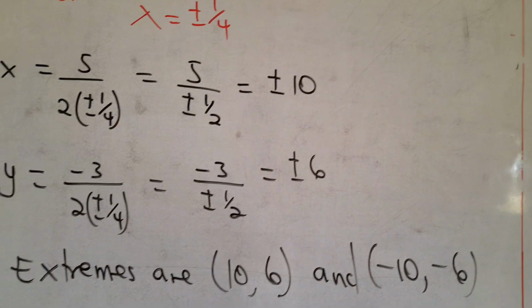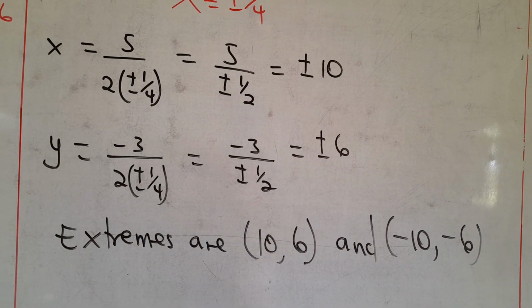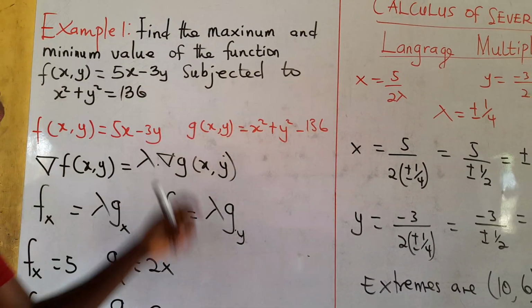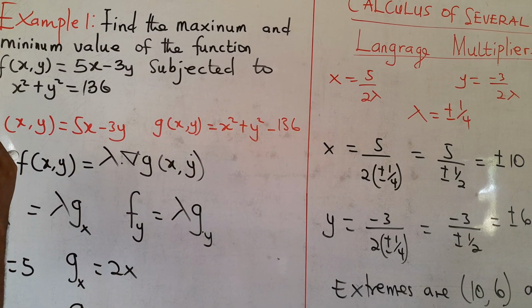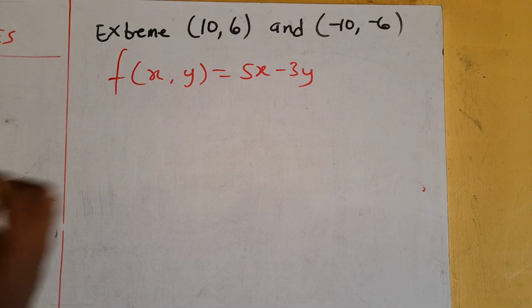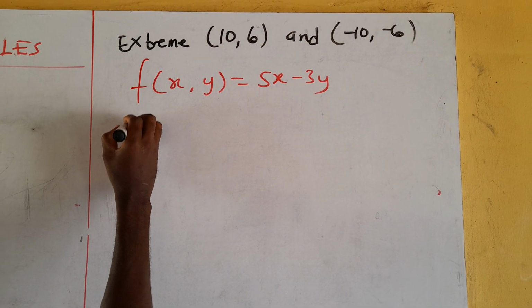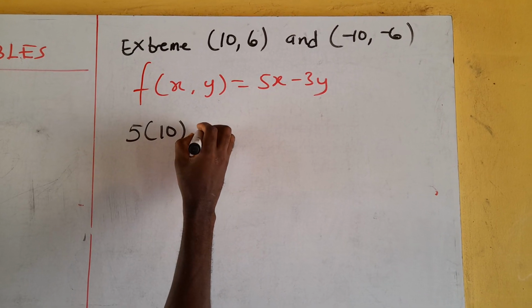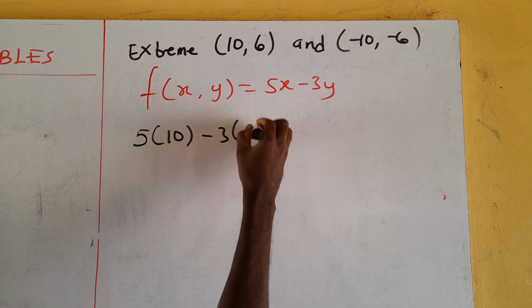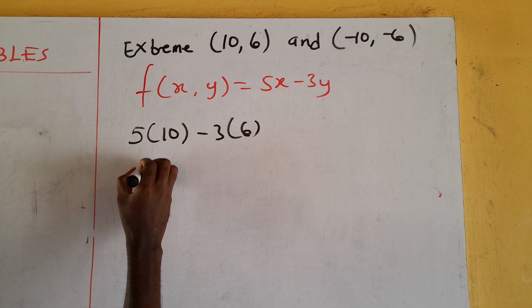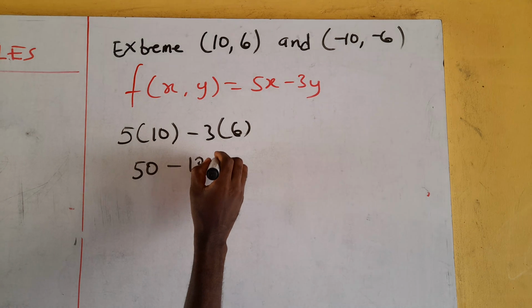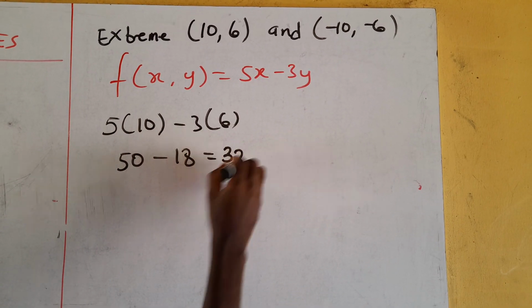So now, since we know the extremes, we substitute them into our function to find its maximum and minimum. In substituting, we get one as 5 times 10 minus 3 times 6. 5 times 10 is 50, 3 times 6 is 18. 50 minus 18 will be 32.